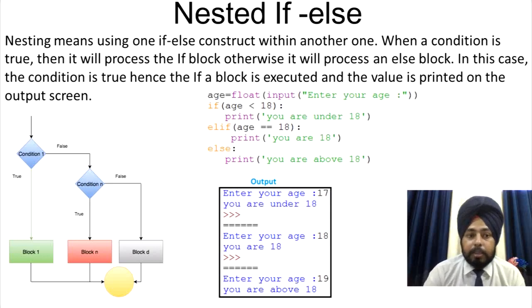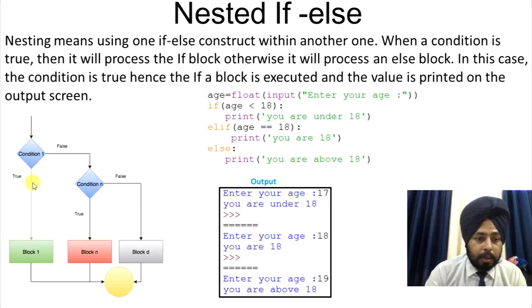In this case, the condition is true, hence the if block is executed and the value is printed on the output screen. The example with the image is given here. This is the condition. If it is passed, then it will go to this block. Otherwise, it will go to another block. Otherwise, if else is not working, then it will go to another block, right? The example is also given here.